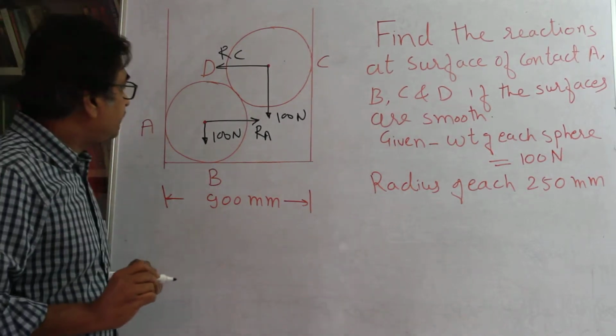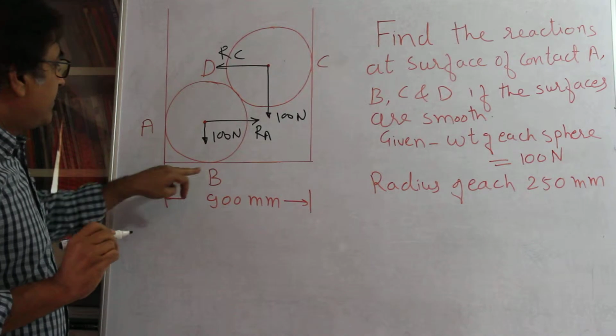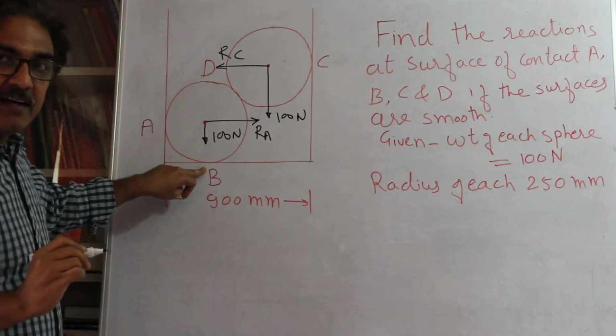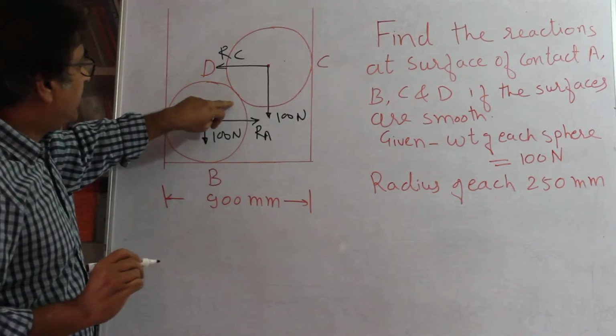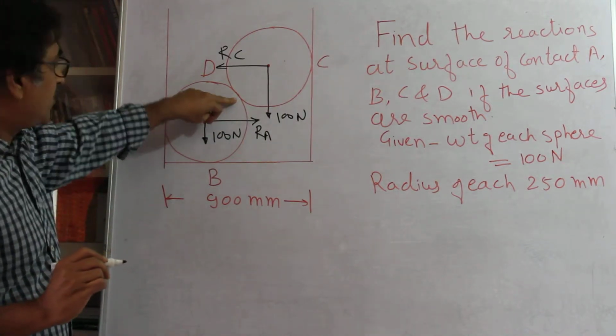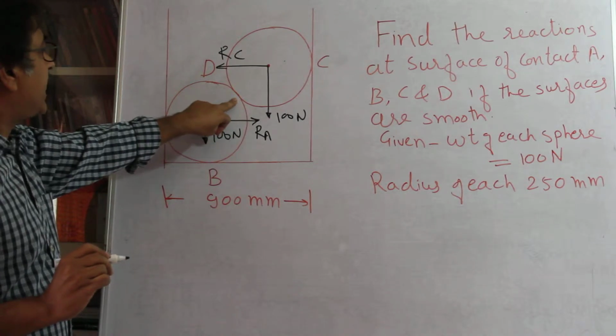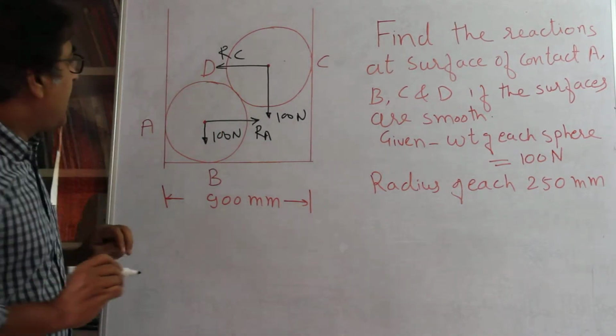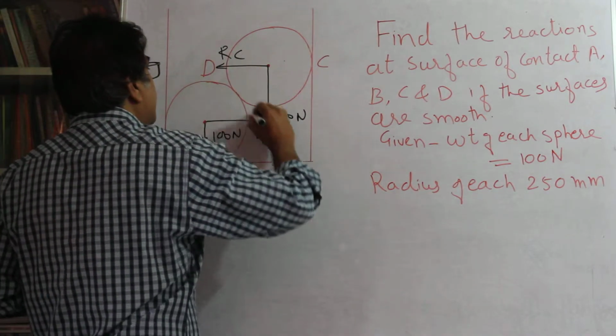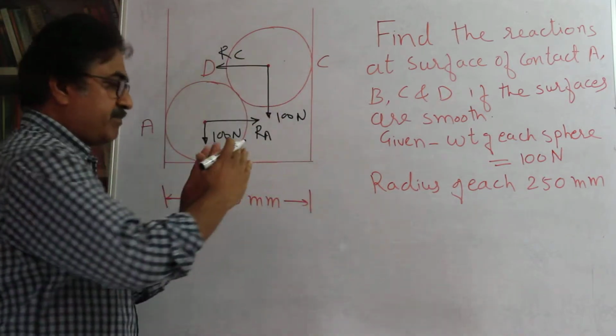Then what else do we have? We have a normal force here, and we have another contact here. What is the contact here? Please note that the contact here is between two spheres, right? This is the contact point.